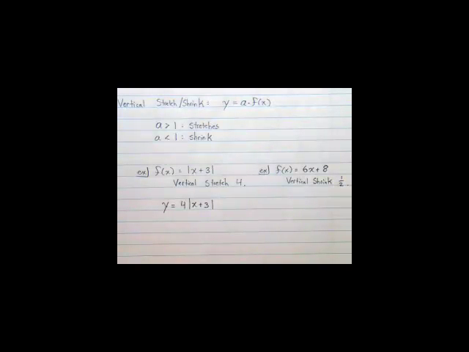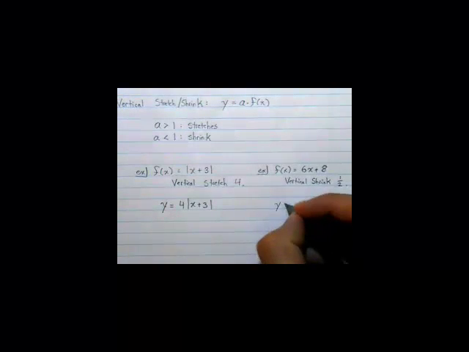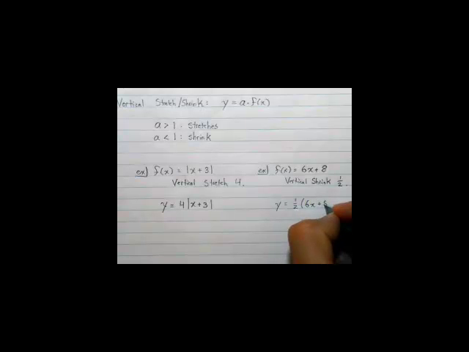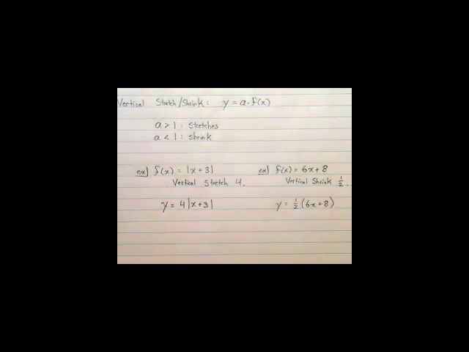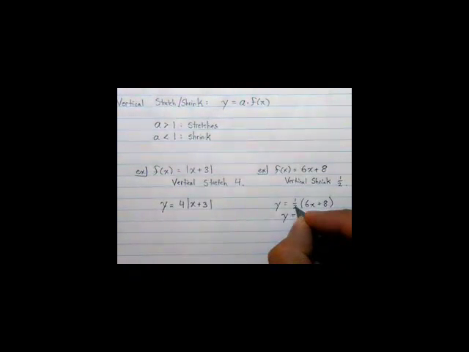You take the 1/2, and you multiply the entire thing by 1/2. So we would have y equals 1/2 times the entire equation, so it's got to be in parentheses there again. And then with these, you've got a little bit of algebra to do. You've got to distribute that 1/2. So we'd end up with 1/2 times 6 is 3, 1/2 times 8 is 4.